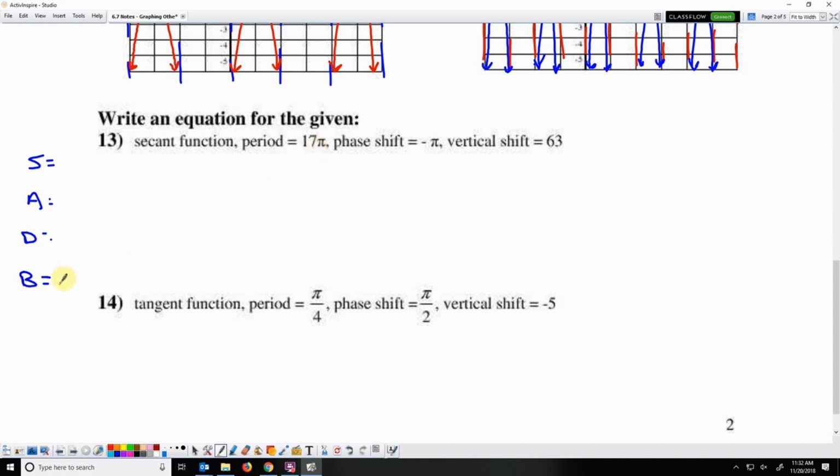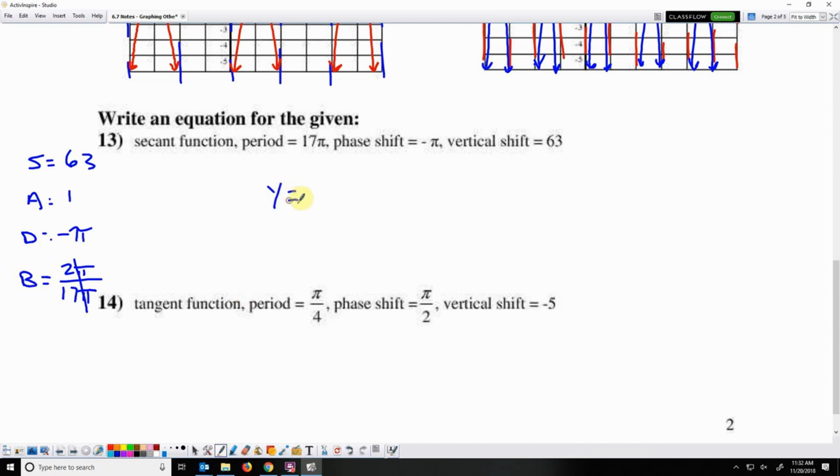So B for secant, we saw on the previous page that it's 2 pi over the period. So B is going to be 2 over 17. A phase shift of negative pi, so displacement negative pi. A vertical shift of 63, so sinusoidal axis of 63. We're not told about any vertical dilation, so the amplitude will be 1.